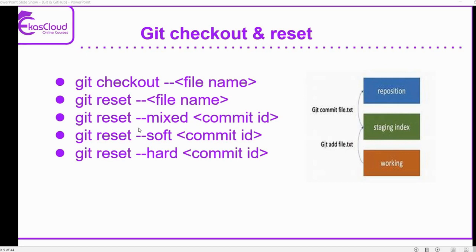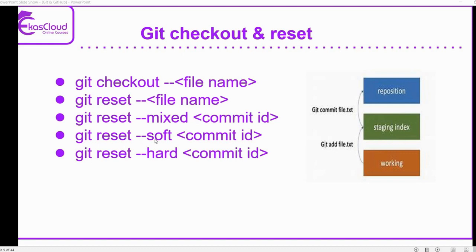First, git reset --mixed, then we enter the commit ID. --mixed means if you have one committed file here and you run this command, it will create changes in the local repository and staging area also. So that is the git reset mixed command.